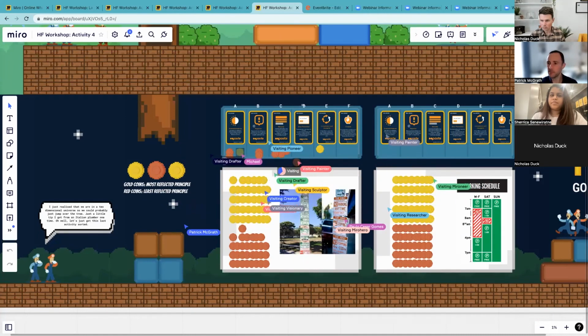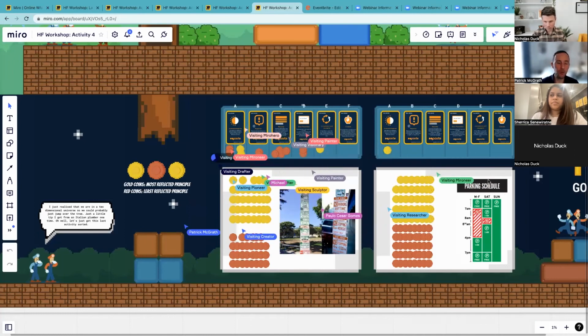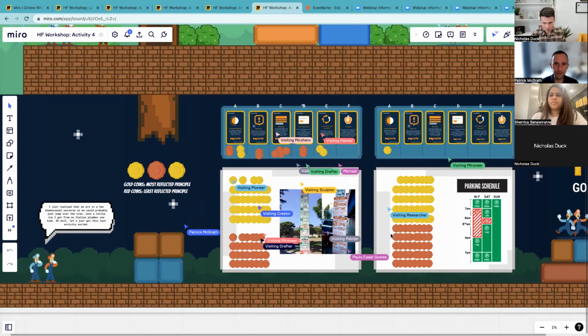So you use the gold coin to indicate which one you think is done well, and a red coin to indicate the other one. Can you please zoom in there, Nick, so people can see the detail of those cards for those following along on Zoom.